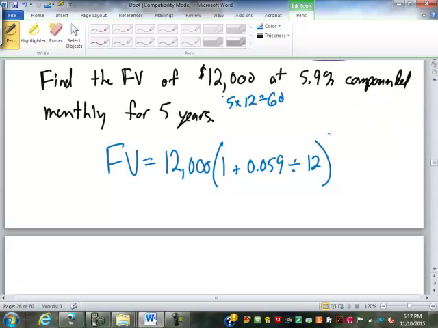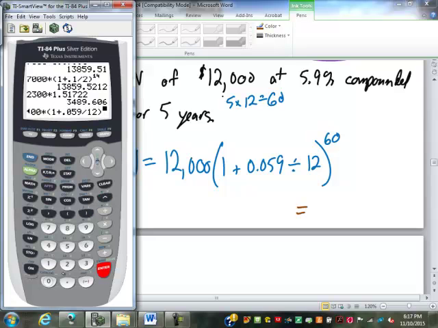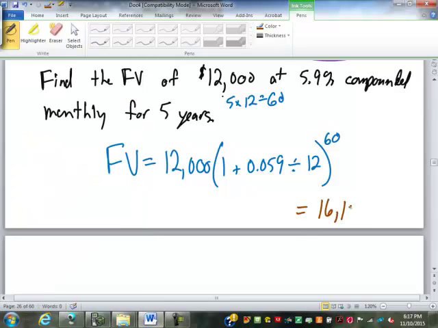So the power of 60. $12,000 times (1 plus 0.059 divided by 12), close, power 60. 16,105.87. So $16,105.87. What do you think? Not horrible?